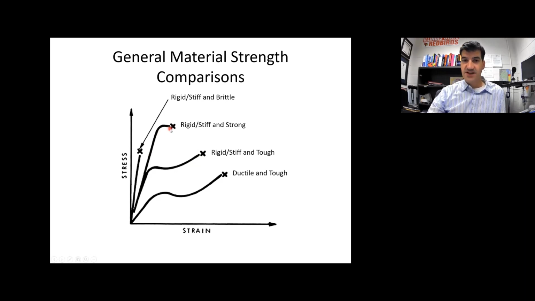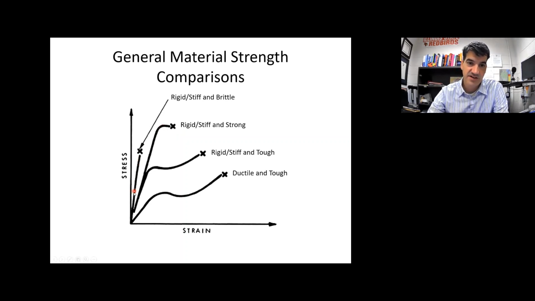This third one we'd say is also rigid or stiff because it too has a large slope here for the linear elastic region. And we'd also say it's strong because it could withstand a very high stress before it failed. So the ultimate tensile strength here is the highest among all these specimens. So we'd say this is the strongest specimen of these 4.